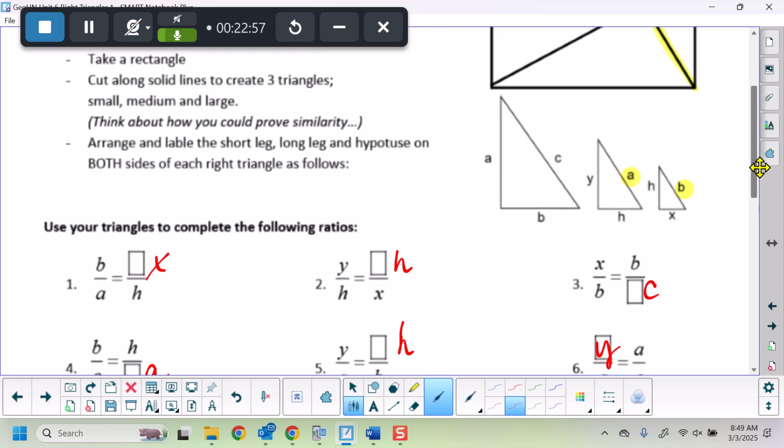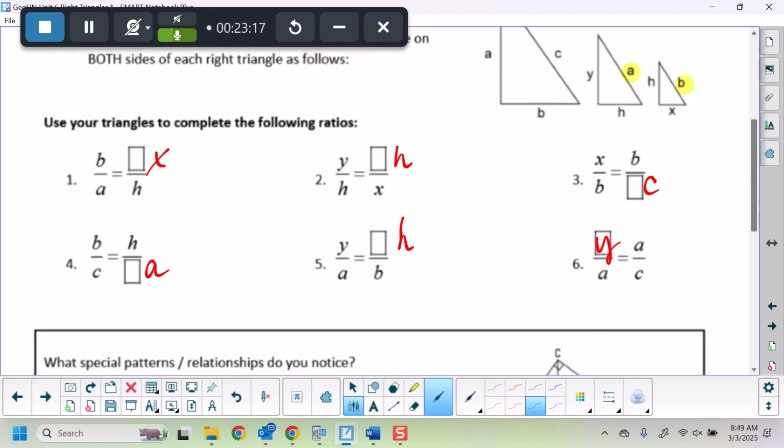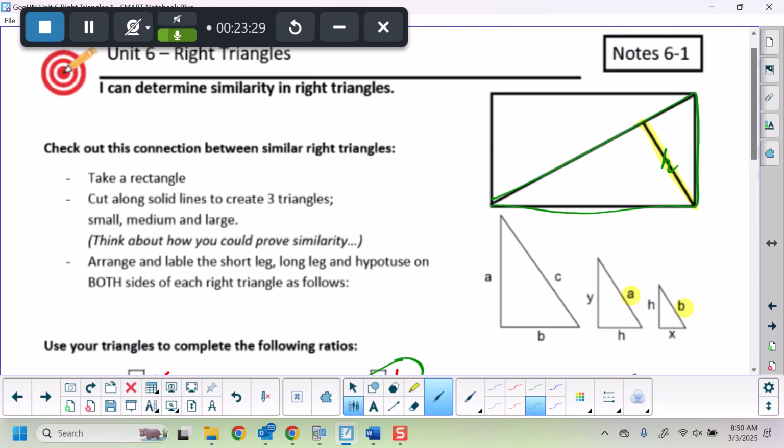If you look at your triangles and you're matching up this conversation with this triangle here, do you agree that this is your H? That's the height of that triangle. What you just proved is that height is the geometric mean between the two sides, X and Y. If I look at this measure here, it says X, and this Y here.